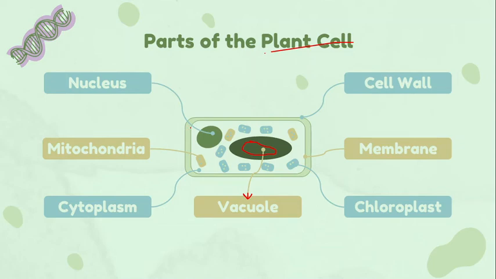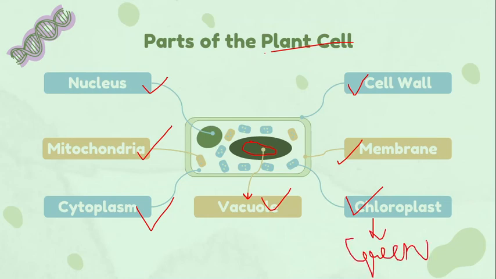That's why the nucleus is in the corner. So the plant cell contains a nucleus, mitochondria, cytoplasm of course, vacuole of course, membrane, and an additional one which is the cell wall, and chloroplast. What is chloroplast? This has chlorophyll, the green color pigment.